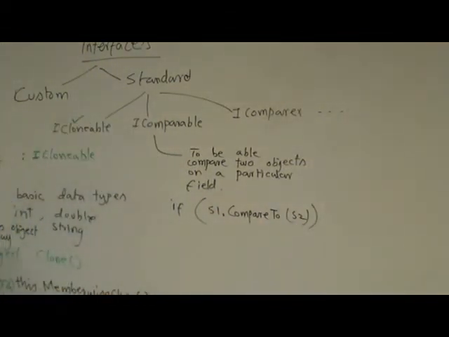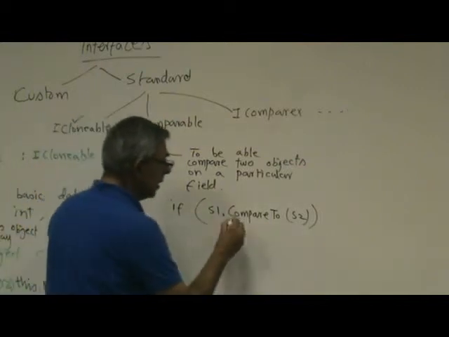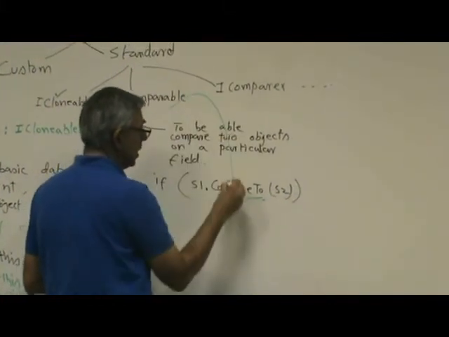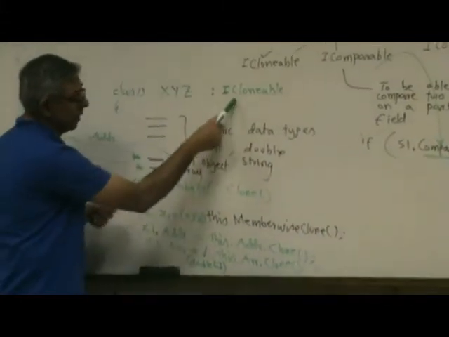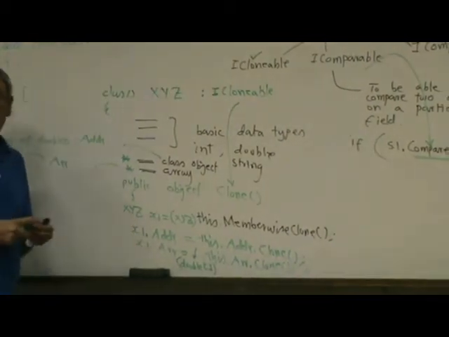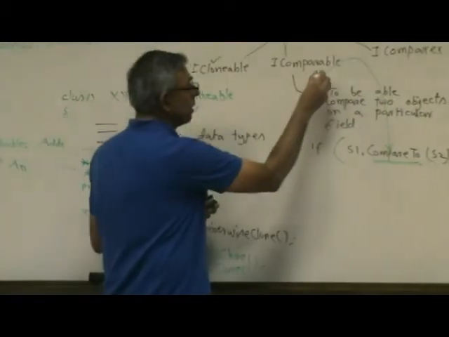So whether S1 is greater than S2, or S1 is less than S2, or S1 is equal to S2. The way the CompareTo method is provided to us is it's part of the IComparable interface, very similar to how Clone is part of the IClonable interface, right?